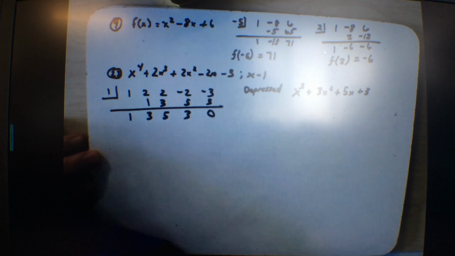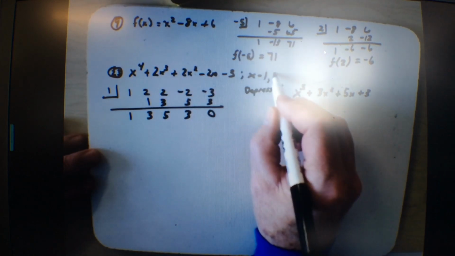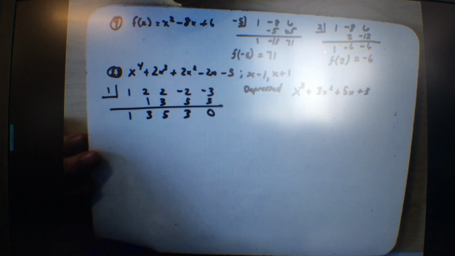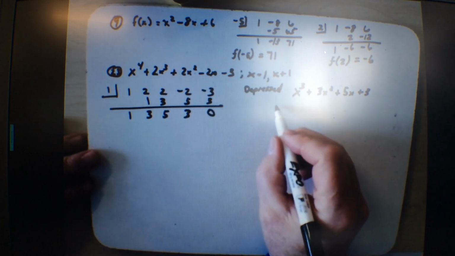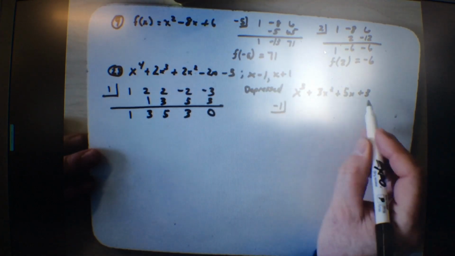So what I'm going to tell you is that if x minus 1 is a factor, oftentimes x plus 1 is a factor. Why? Because difference of squares. Okay? So let's see if -1 goes into this one.